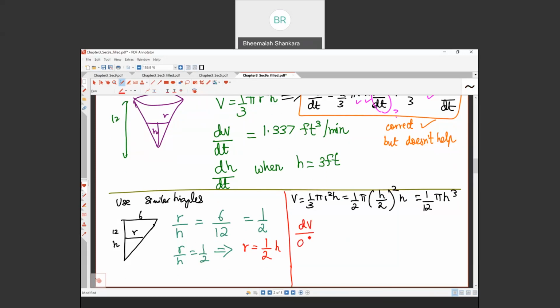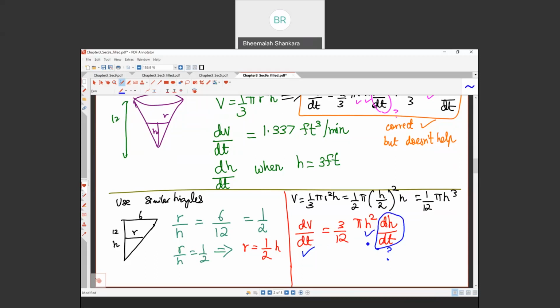So dV over dt equals 3/12 pi h squared. Differentiate h again, you have dh over dt. You know the value for dV over dt, this is given. You know the value for height, given. So you have only one unknown in this equation, which is dh over dt.